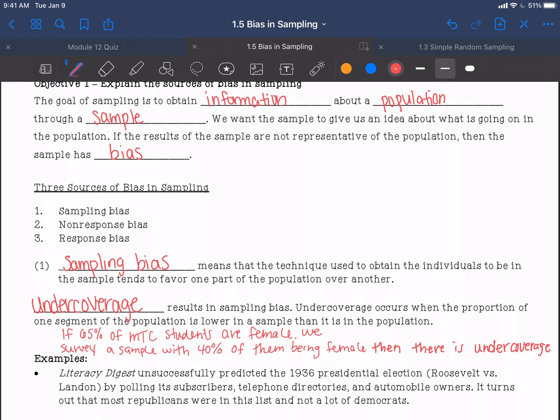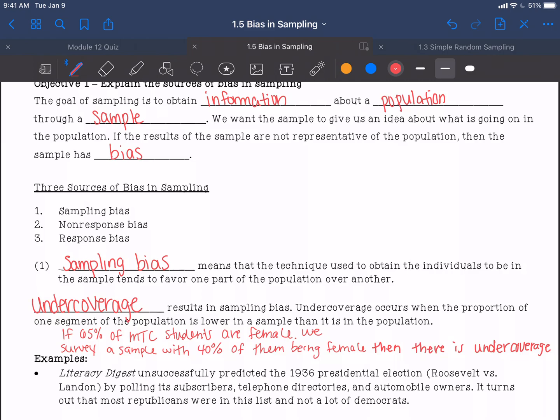Undercoverage results in sampling bias. Undercoverage occurs when the proportion of one segment of the population is lower in a sample than it is in the population. So, for example, say 65% of Marian Tech College students are female.